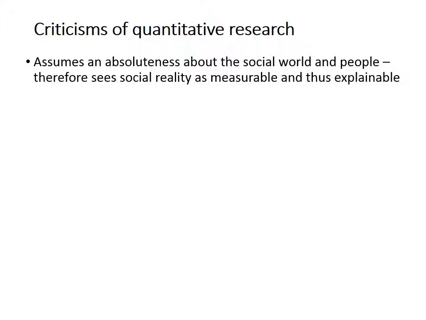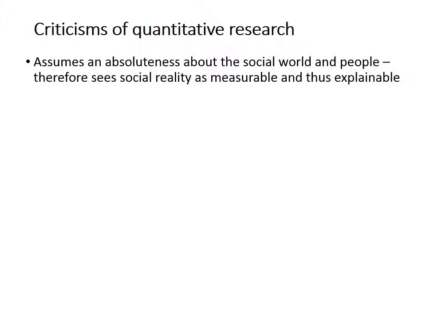There are some criticisms of research, and particularly of quantitative research. And given that you're predominantly doing qualitative research, you can look at the criticisms of quantitative research and see if they apply to qualitative and to your own work.